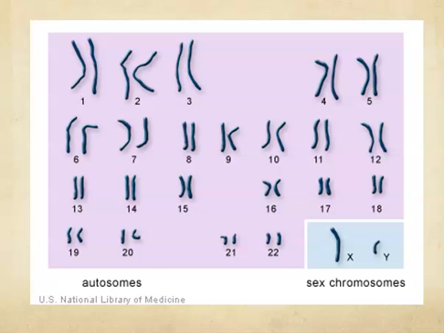On this slide, you're looking at what's called a karyotype. Karyotypes are simply the chromosomes that have been removed from a cell and placed in pairs in order to be examined.